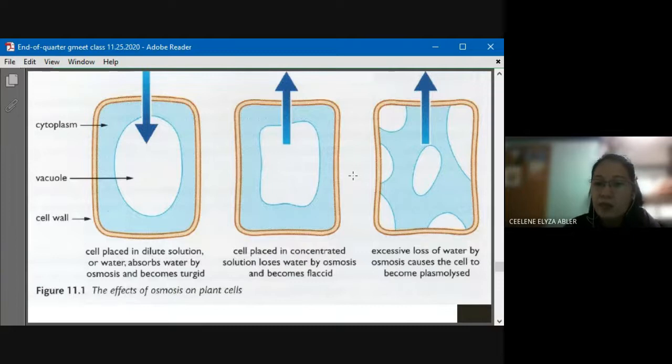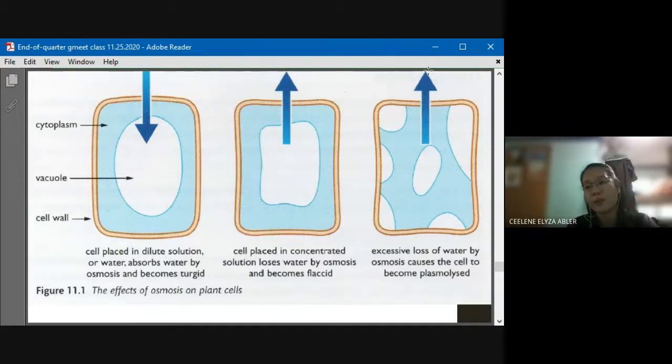So the cell will be plasmolysed at this point. The cell has an excessive loss of water. So plasmolysis happens when you have a hypotonic solution inside and a hypertonic solution outside.